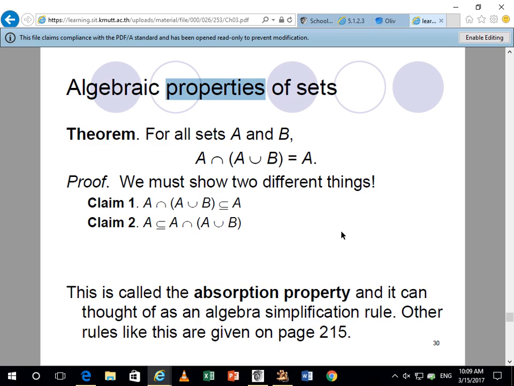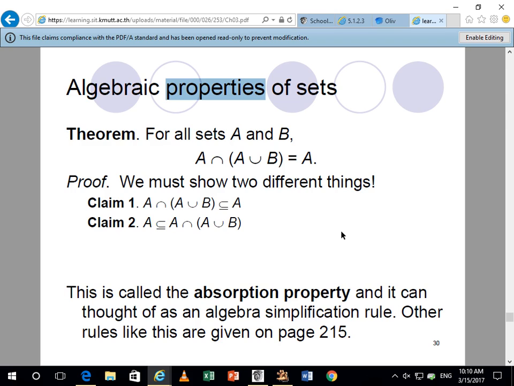So we're saying this is equals to A. So previously we showed that these two are equal, but in this case we're saying this. So it's a new set. The set is A intersect A union B. This is one set.